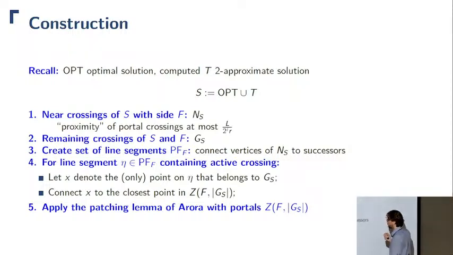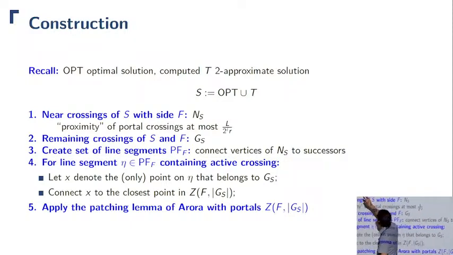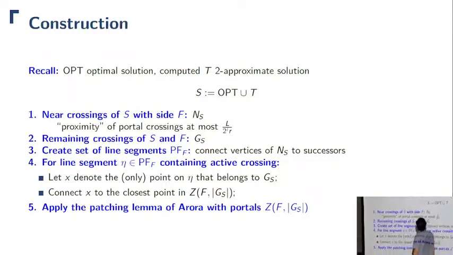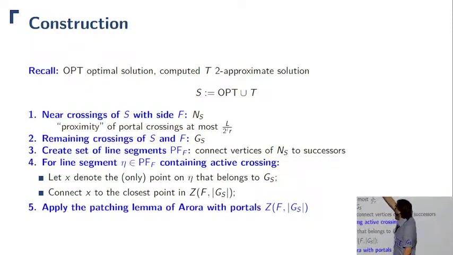And now we have a construction. Therefore we now assume that we know the optimal solution opt, and that we have our tour approximation T available.